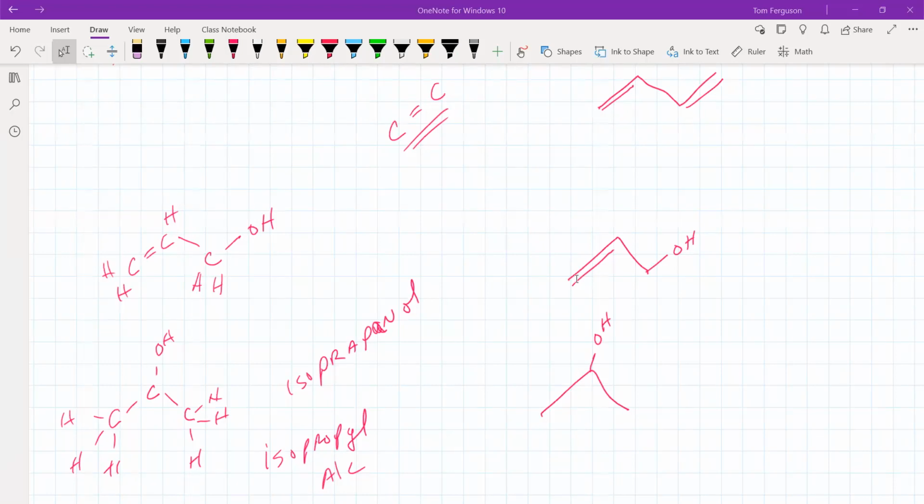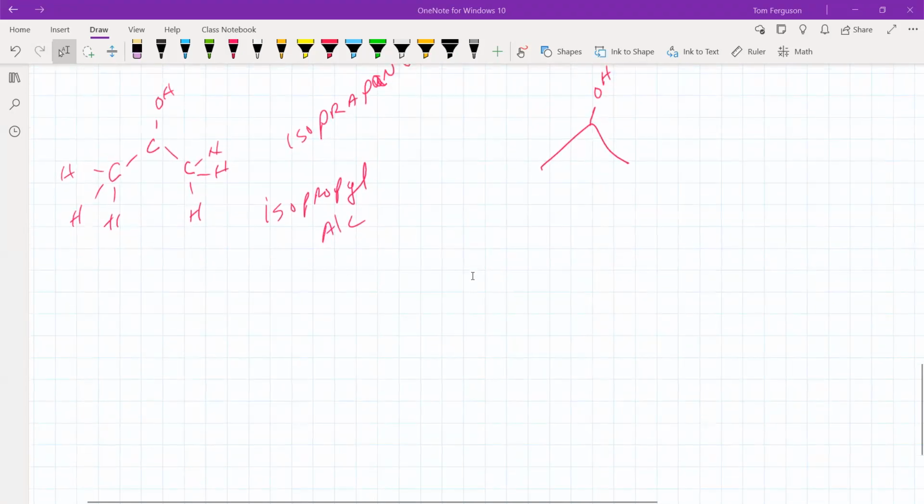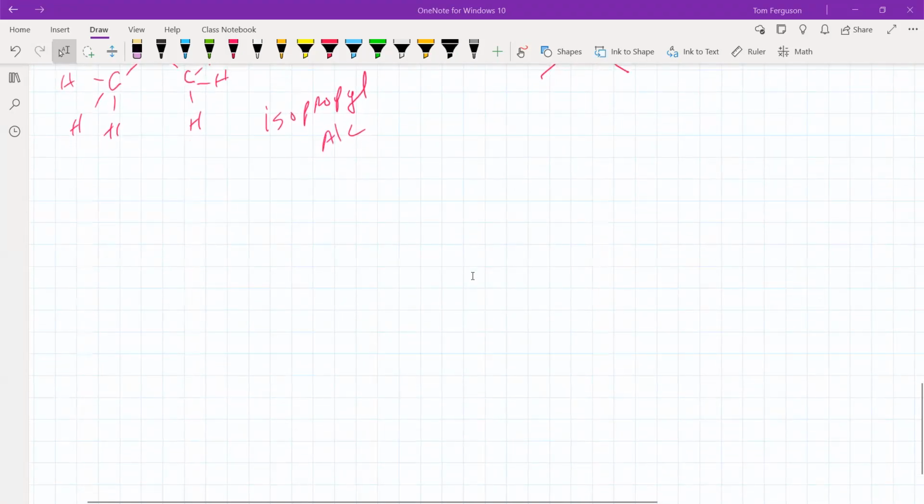Okay, let's see here. All right. Let's practice this a little bit more. Now, this also applies to cyclic compounds like you saw on the caffeine. Say we had a thing like that.